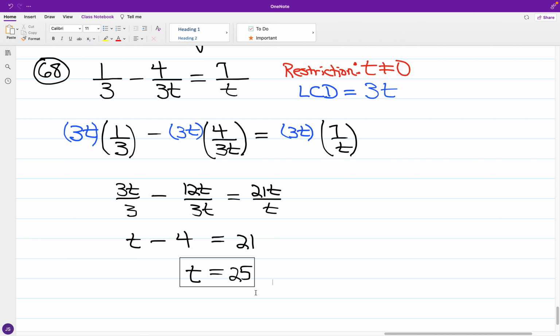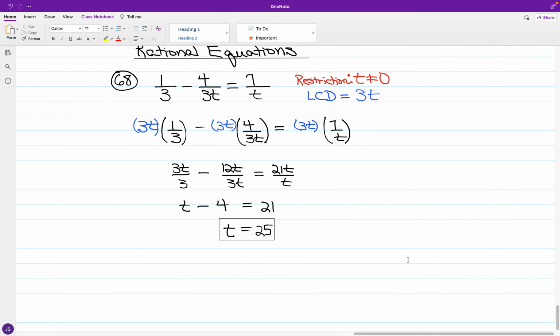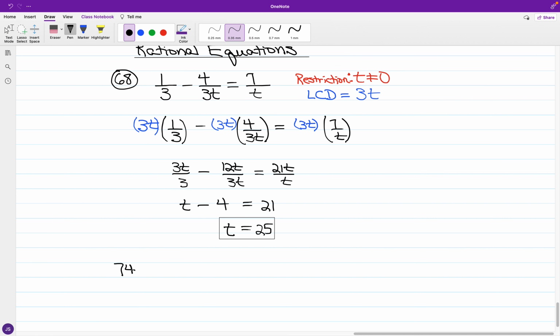Now, in our next rational equation setup, number 74, this time we have an equation in terms of the variable c.